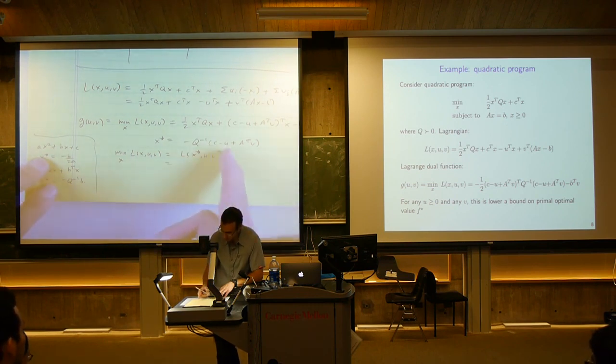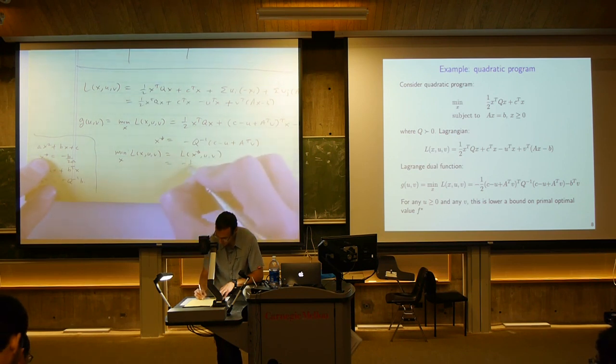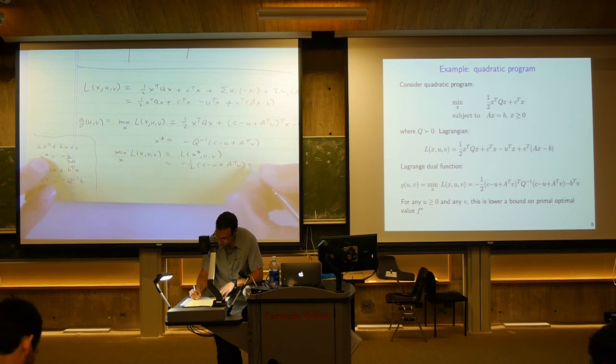Here I get 1/2 times this transpose Q times this, and I'll have Q inverse times Q inverse, so one of those will cancel.